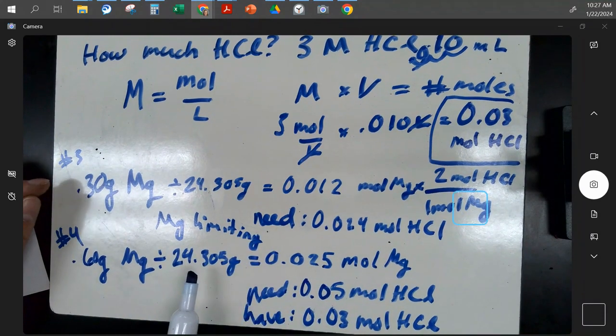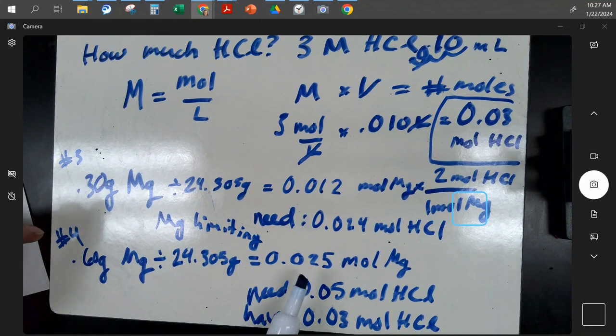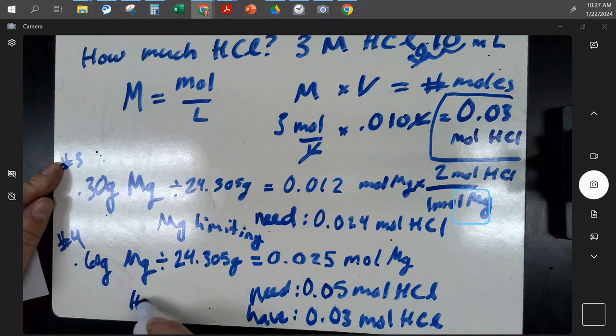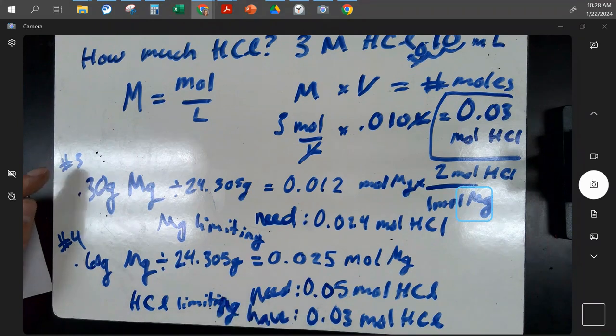But in this one, what's happening? Well, we doubled our magnesium. Now we need 0.05 moles of hydrochloric acid. We only have 0.03. So not all of the hydrochloric acid gets used up, and hydrochloric acid is the limiting reactant. And so then we stop the reaction. We can't make any more hydrogen gas.